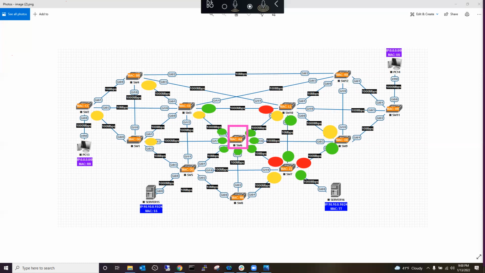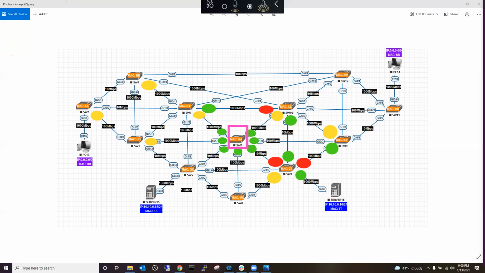Okay, so switch 7. Yes, switch 7, you calculated that. Gig 0/3, you can probably calculate. Let's see, it's 19. Switch 7, you can probably calculate 0/3 as being designated. If we go from 7 to 9, that's 4 over to the root, that's your 23.